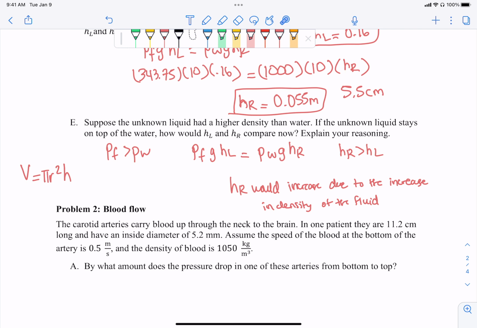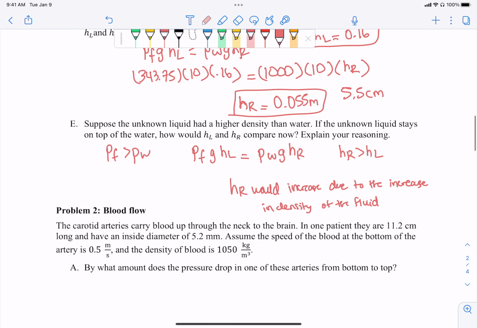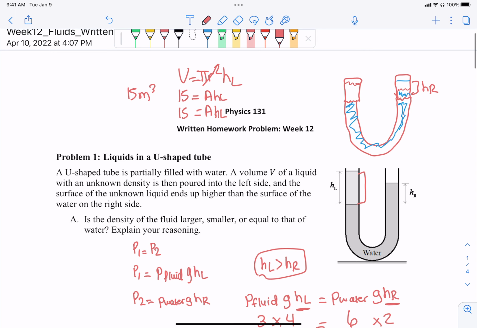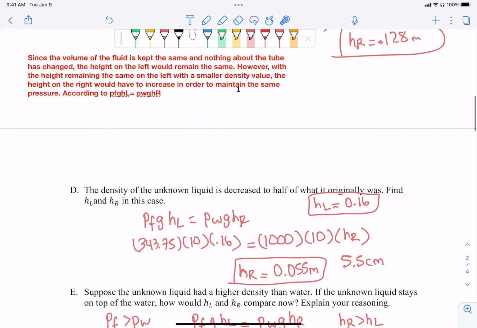And if I kept the volume the same, I'm adding the same volume, so I would have to reach the same height. It's like if I added 15 cubic meters before and added another 15 cubic meters, it's just denser. Because I'm adding the same volume, the height on the left would continue to remain the same. It's just that now the height on the right is going to change because it kind of feels like a force exerted on it by the other liquid.